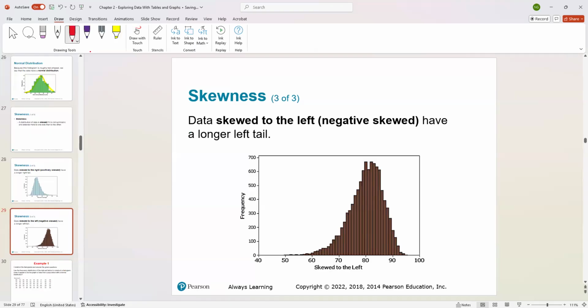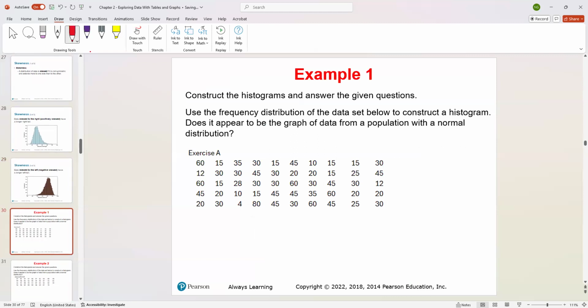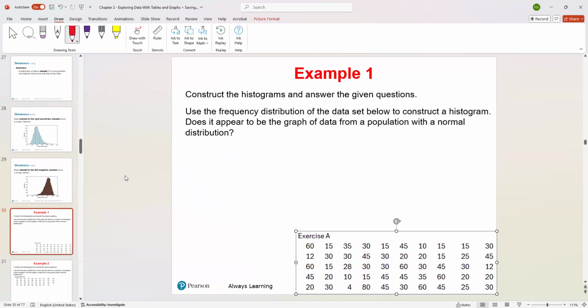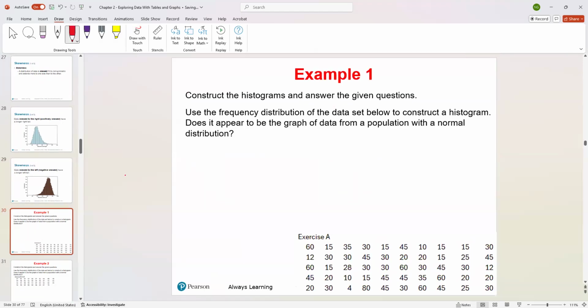So I think we're ready to construct some histograms, because it says construct the histogram and answer the given questions. What we would do is use the frequency distribution of the data set below to construct a histogram. Because we did that one before, I'm going to use the tables, because they ask you to construct it using the frequency, and we could use relative frequency also.